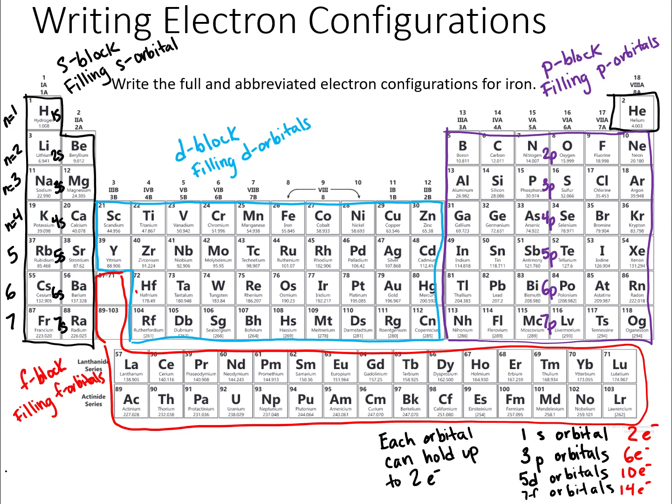Now we'll get to the actual question. We need to write the full and the abbreviated electron configurations for iron. We'll start with the full electron configuration. This is iron. It's in the D block. Let me label these.